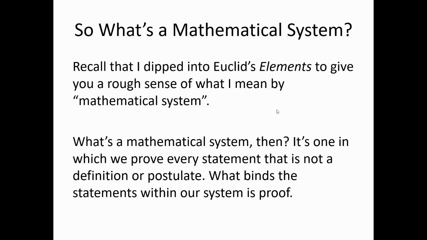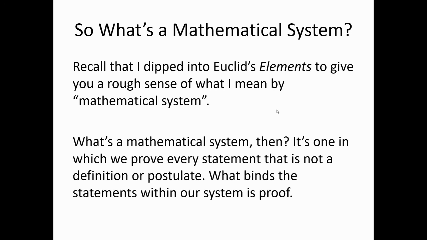That is, as you'll see that Euclid will do, we will state our definitions and our postulates, and then the primary work of the class, we will prove on their basis the theorems of the class. And that process of proof where we derive from our definitions and our postulates, that's what binds together the statements of the class. And that's what then makes it a system.